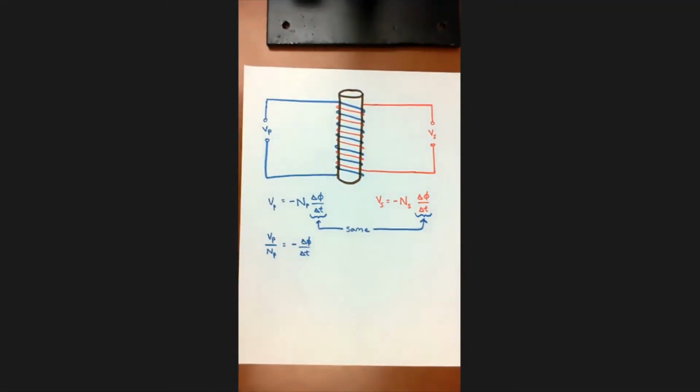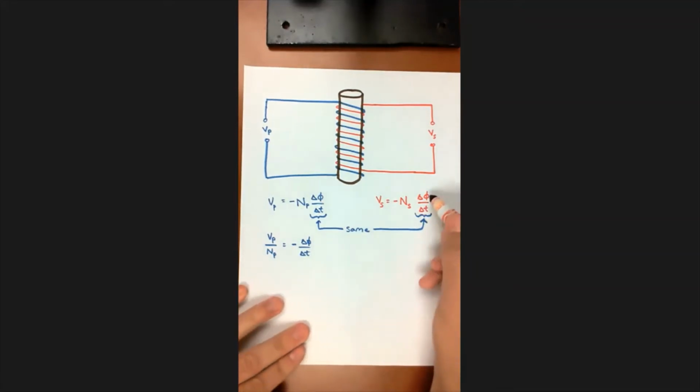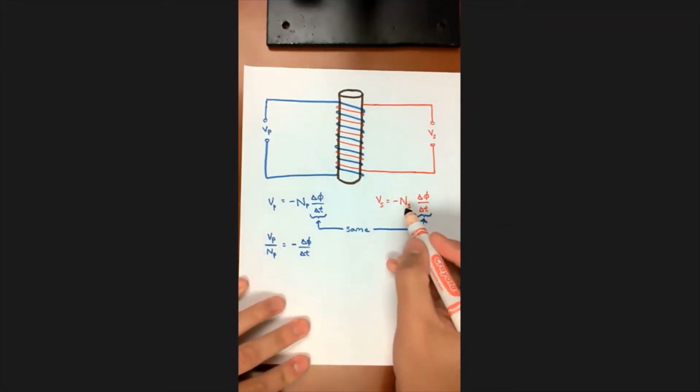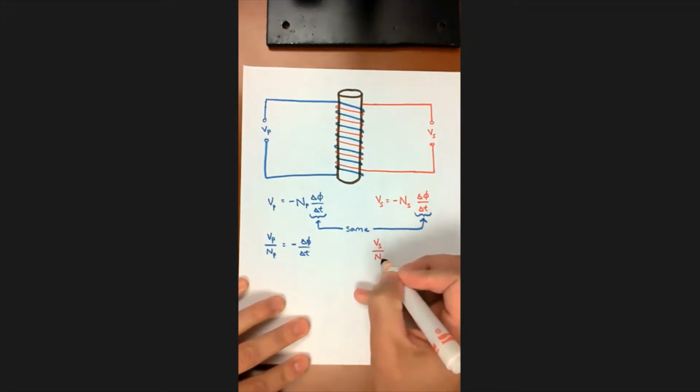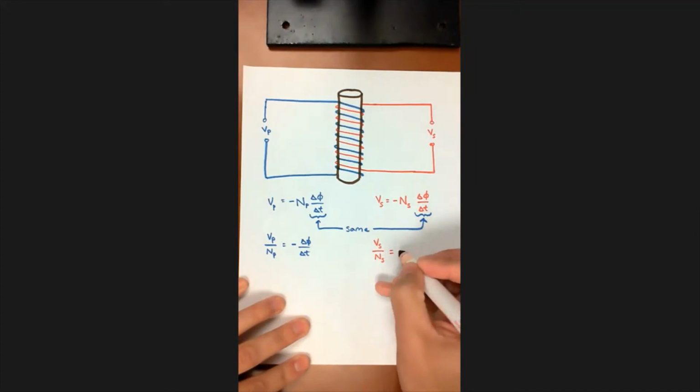And over on the right side, I'm solving for this, and so I'm going to divide both sides by N sub S. So I have V sub S divided by N sub S equals negative rate of change of magnetic flux.